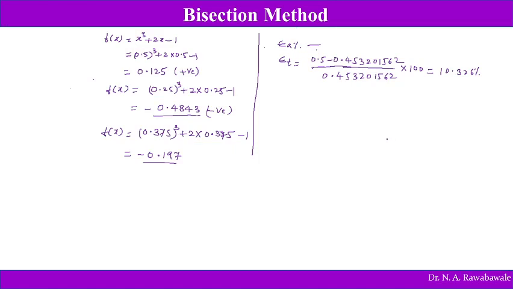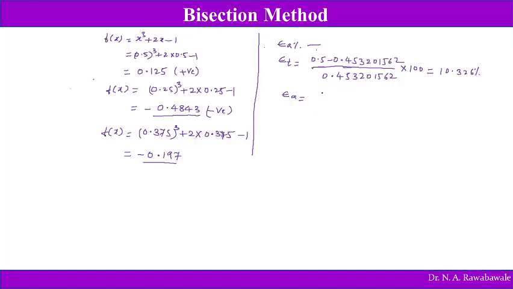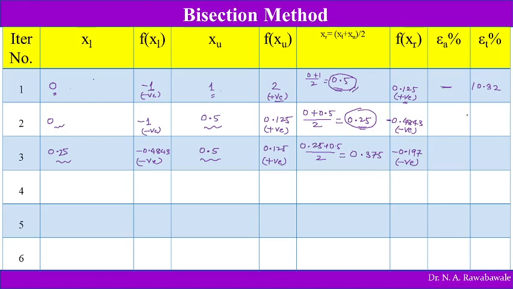So to find the approximate error for the second iteration: 0.5 minus 0.25, divided by the new approximation, that is 0.25, into 100. This gives us an error of 1%.